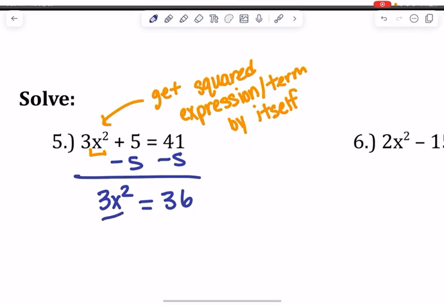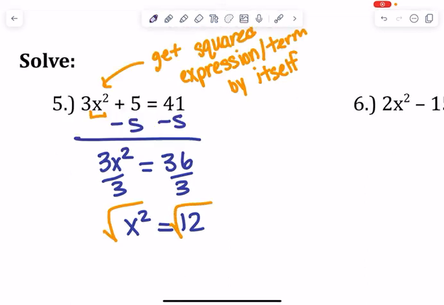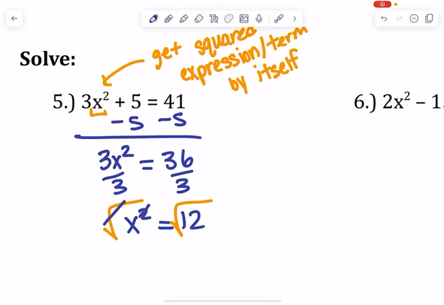Divide by 3. Okay, so at this point, when you have the x squared by itself, to undo the squared power, you take the square root. It's an equation. You have to do it to both sides. But that undoes the squared, leaves you with x.